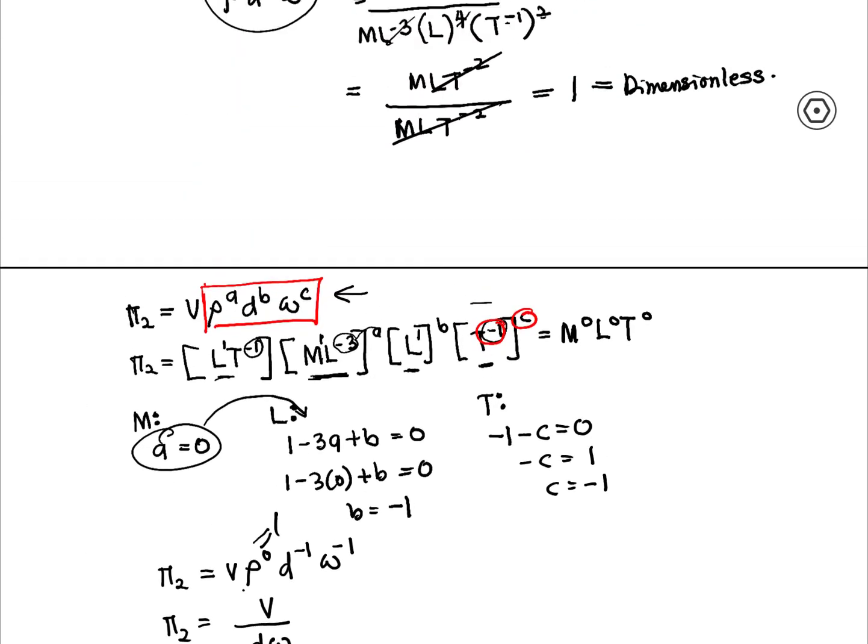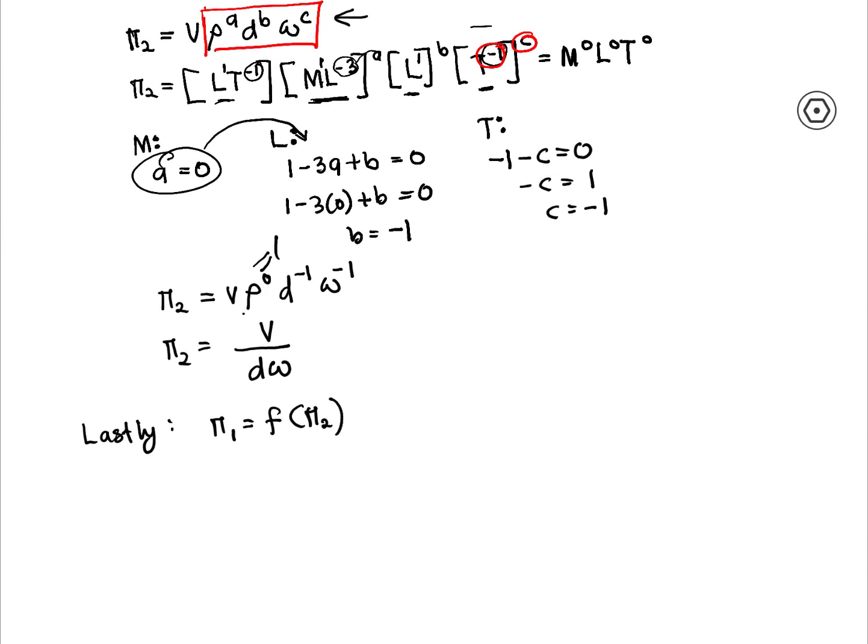What is our pi 1? Ft. Oh, I'm really sorry. We have to check whether this is a dimensionless group or not. So velocity is L T minus 1 divided by L omega, which is T minus 1. So we can cancel out and it will equal to 1, which is dimensionless.